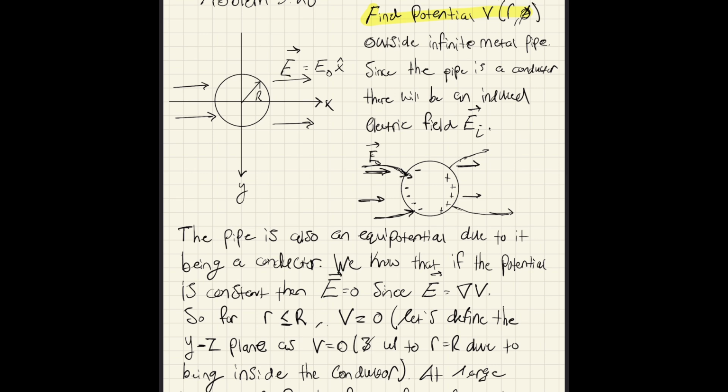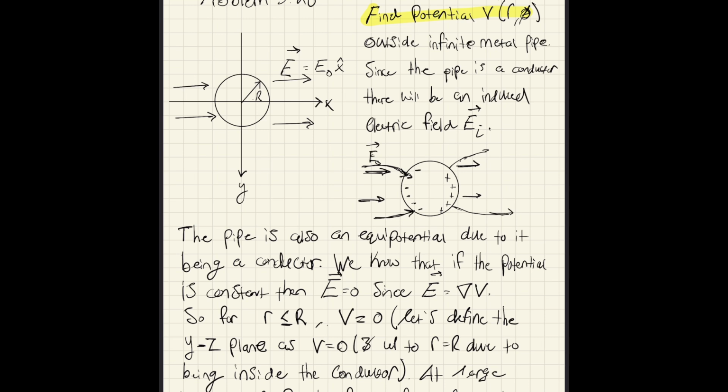So we're going to find the potential V naught outside of an infinite metal pipe, and I've drawn the diagram here on the left. We have a cylinder that we're looking at head on, so we're looking into the cylinder.